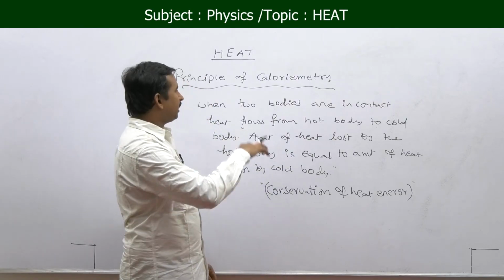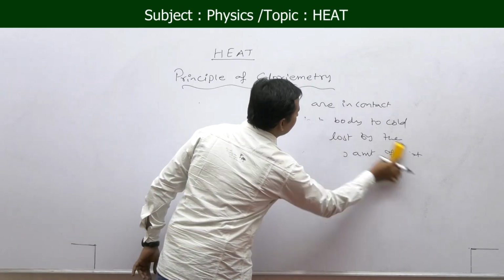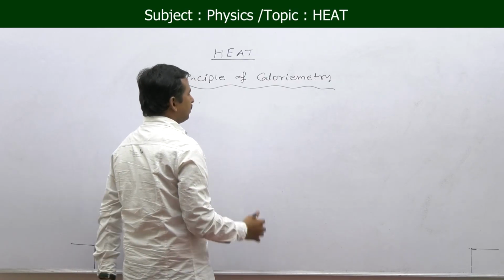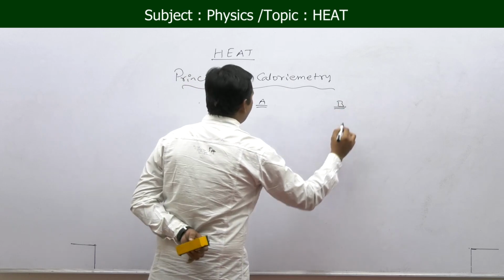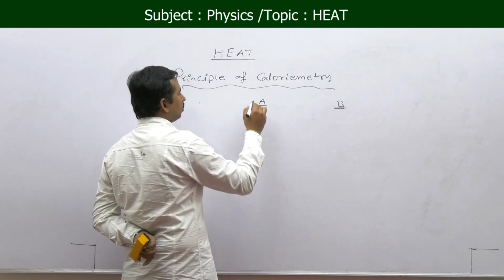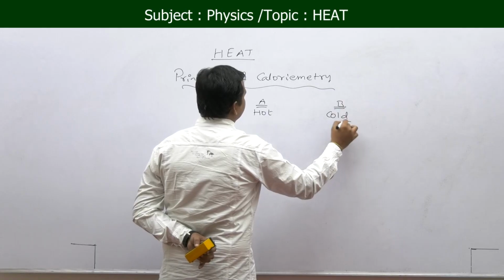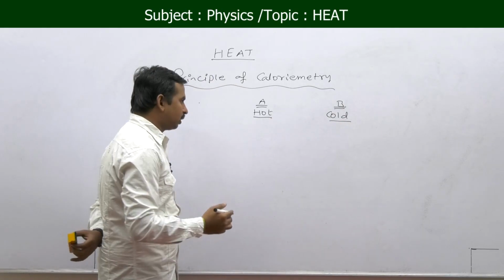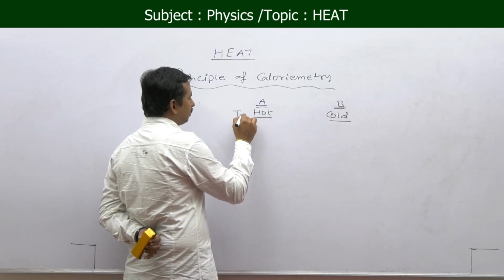Mathematically, let us suppose I am having two bodies, A and B, where A is the hot body and B is the cold body. Hot body means its temperature is more; let the temperature of the hot body be TH.